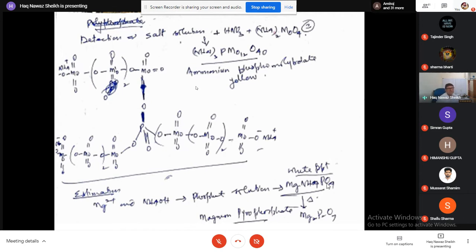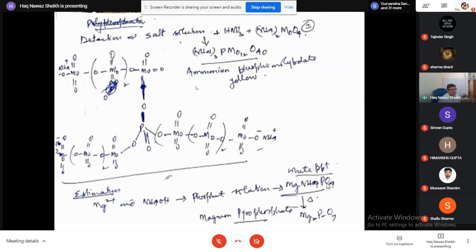If it is not stable, then you ignite it, heat it, and convert it into a stable compound which you can weigh, which does not change its composition with time, which is not hygroscopic, or does not hydrolyze easily. Then you weigh the precipitate and do the calculation using a proper conversion factor, and we will find out how much phosphate was there.